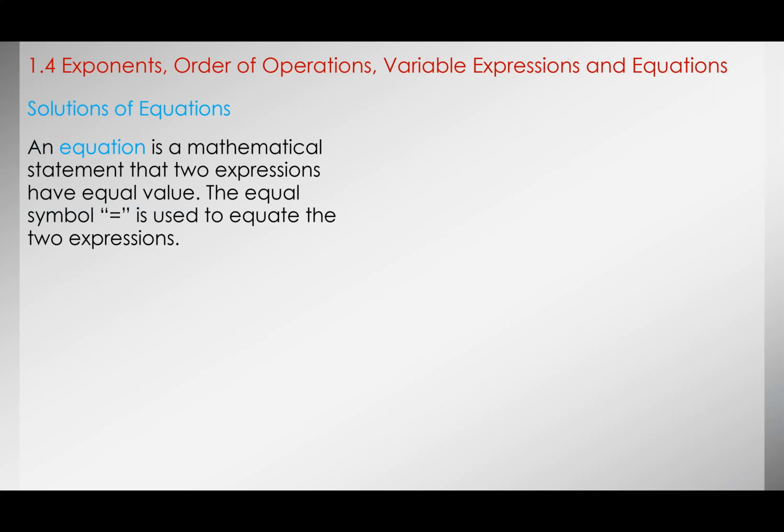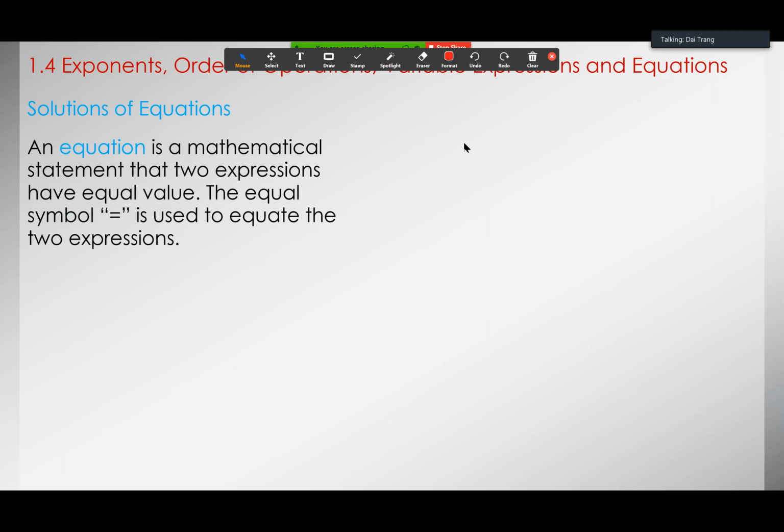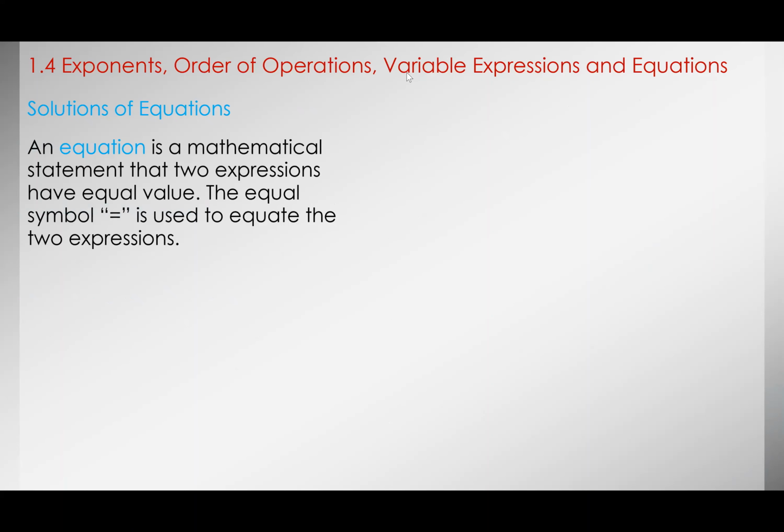The second to last thing that we have is solution for the equation. And like I mentioned to you guys, the only difference between the expression that we have earlier and the equation is that in the equation there is an equal sign. In chapter 2, when there's an equal sign, they will ask you to solve for something.